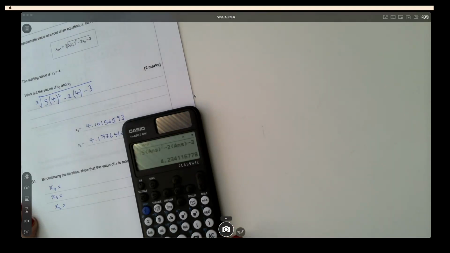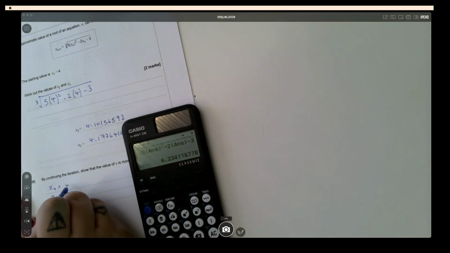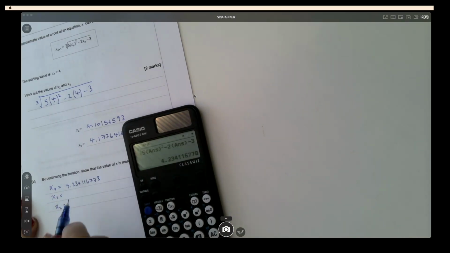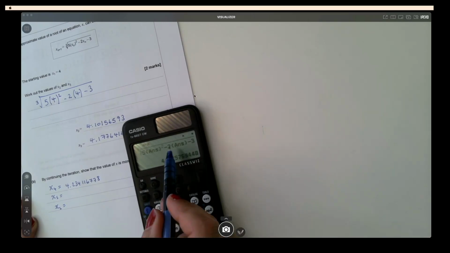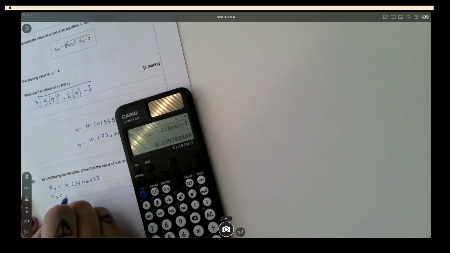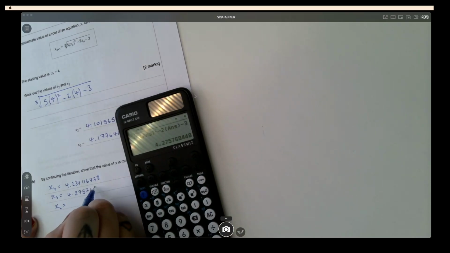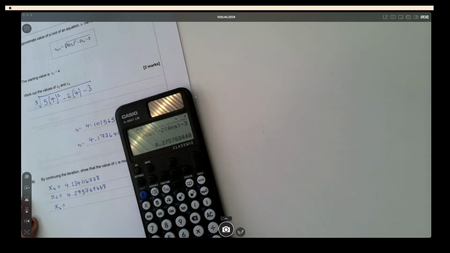So if I press equals, x4 is 4.234116778. Press equals again, it's using the previous answer because I've used the answer button. So 4.275769448. Then again, 4.30634511.